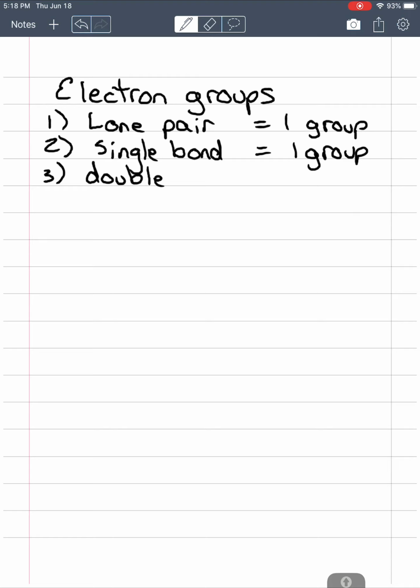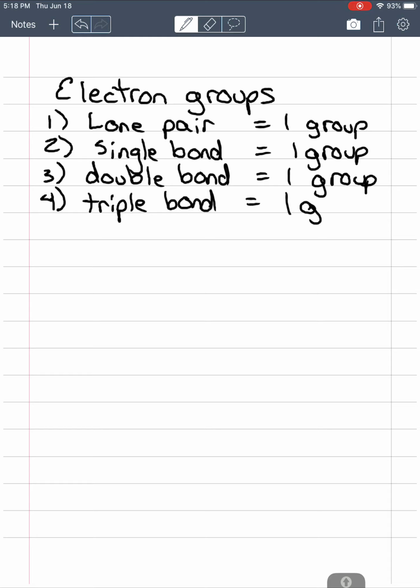A double bond is one group. A triple bond is one group. A radical, which is that lone electron, is one group. Even though a double bond has 2 bonds in it, when we're talking about electron groups, it's considered one group.